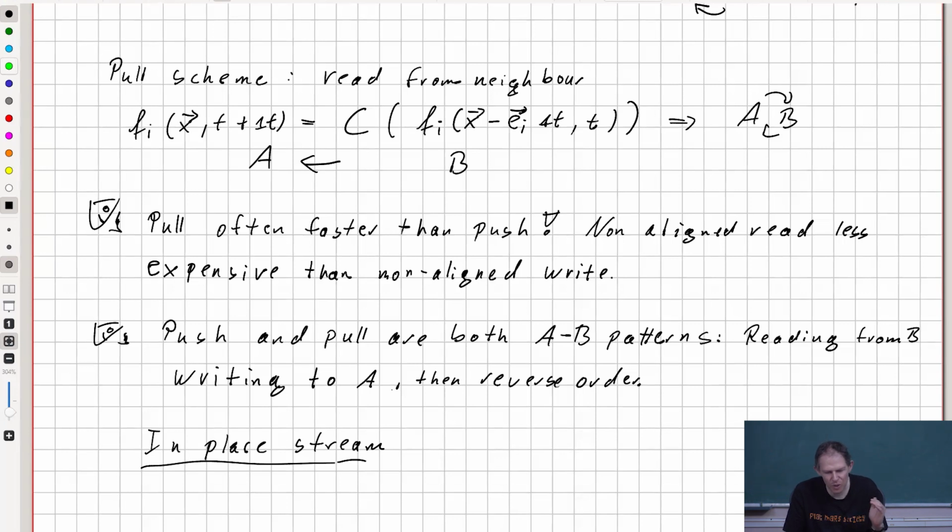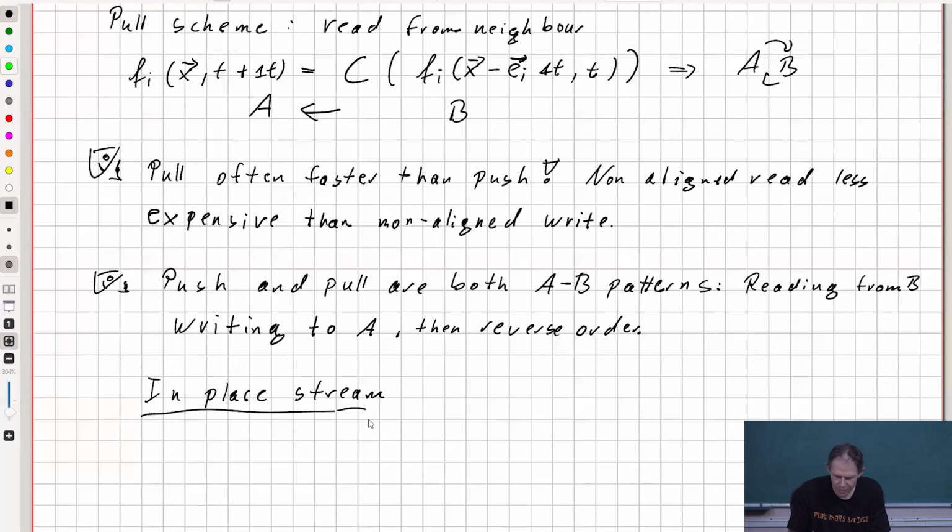The one that we are looking at here is the ESO-twist algorithm. First of all, let me write this down.